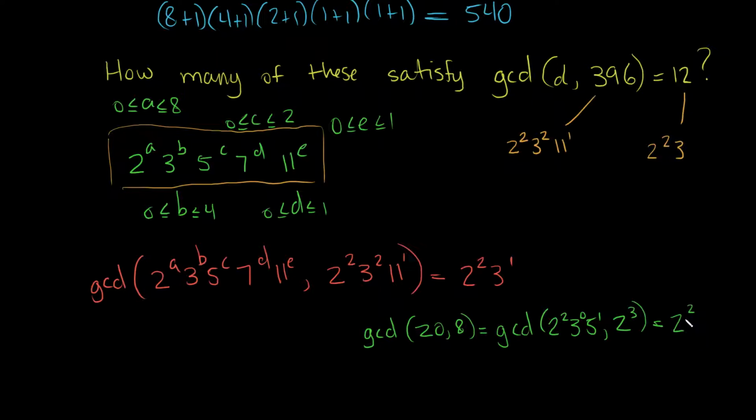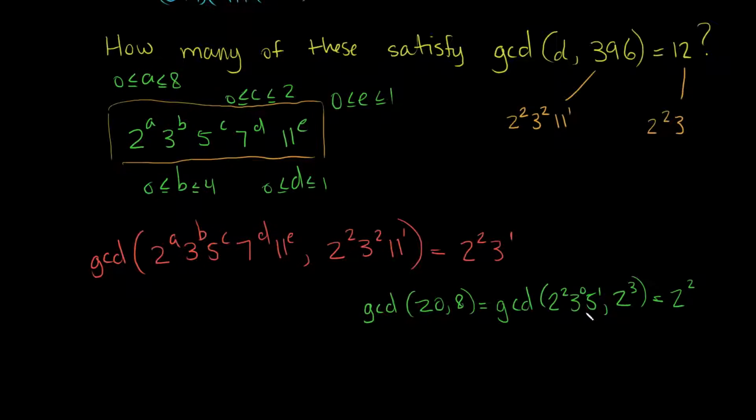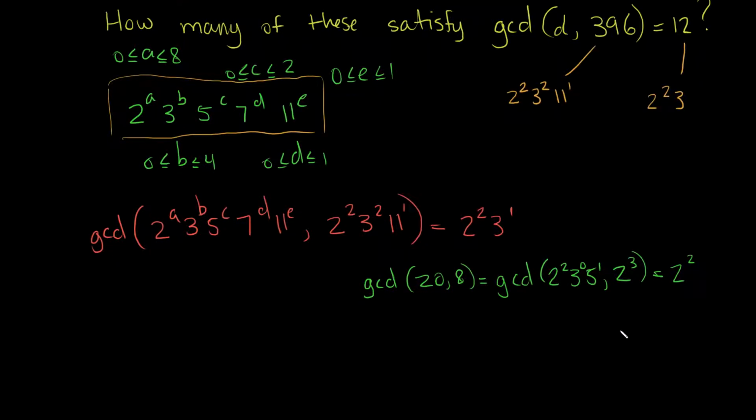Where did this 2 squared come from, though? You might notice that both numbers here have a 2 squared in them. This has a 2 squared, this has a 2 squared plus another 2, but still it has a 2 squared. Why couldn't it be 2 to the third? Because if it was 2 to the third, it wouldn't be a factor of this first number. So what we're getting at really is that for the exponents here, you're taking the greatest one that's in both.